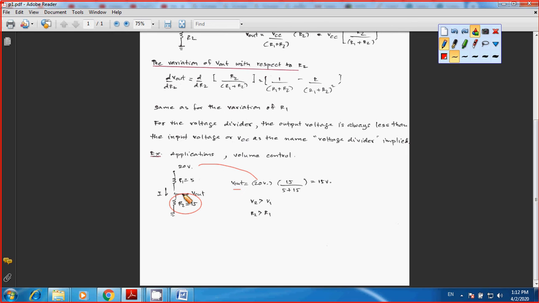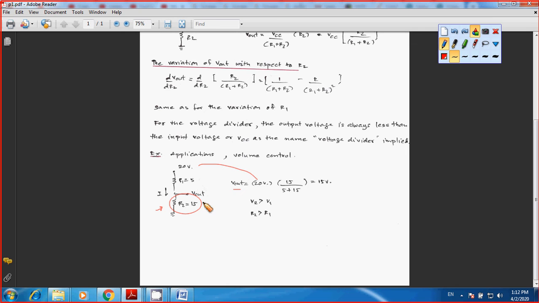So if you take a look carefully, you can see that the voltage drop across R2 is greater than the voltage drop across R1, and the voltage drop across R2 is actually your V out, or output voltage, and corresponds to R2 equal to 15, which is larger than R1, or 5 ohms.